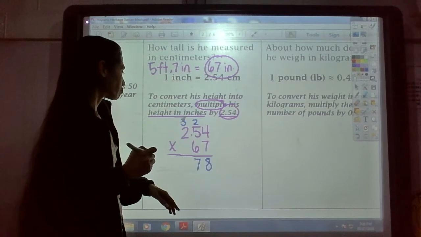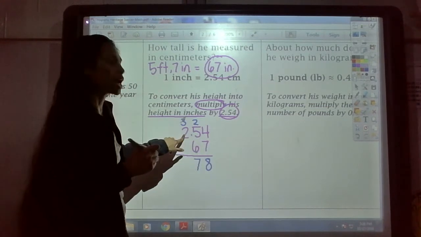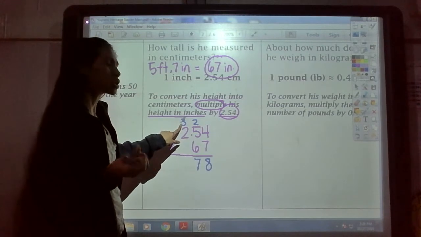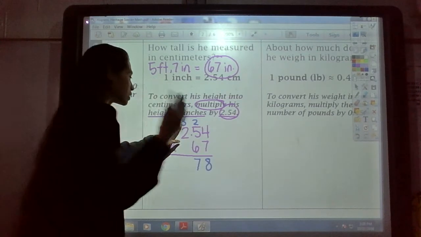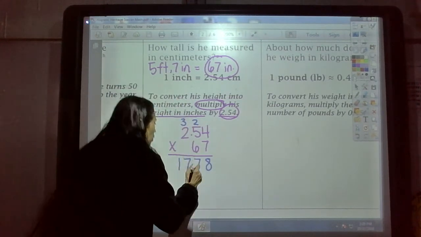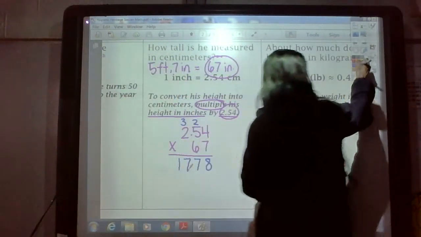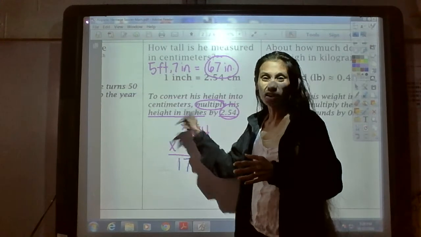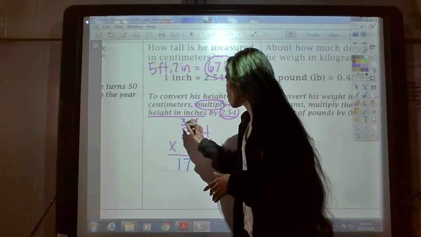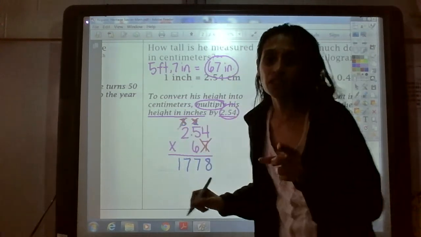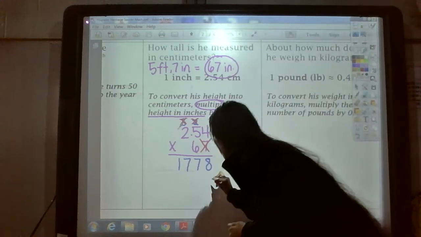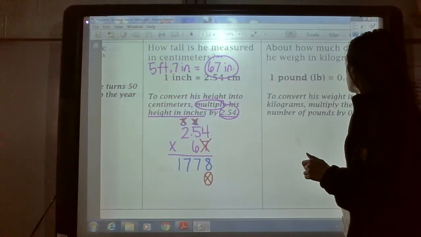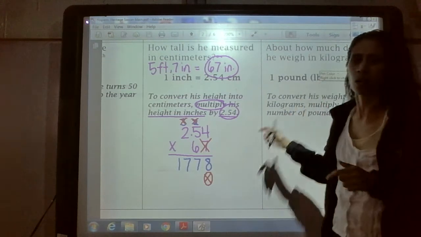And 7 times 2 is 14, plus 3 is 17. So I'm done with that 7. Cross out the numbers that we carried so you don't get confused. And there's one more thing I have to do, which is put the placeholder right there. All right, we're ready to continue multiplying.